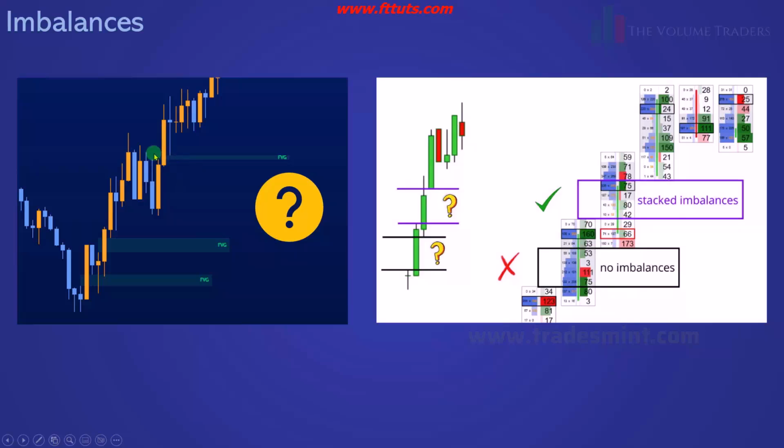Like for GU, there's zero imbalance in this tiny area, or for ES or gold, some stacked imbalances as proof that we can really expect a reversal here. But without a footprint chart, this is guessing. We can make dozens of markups every day like this and just guess where the price will reverse.